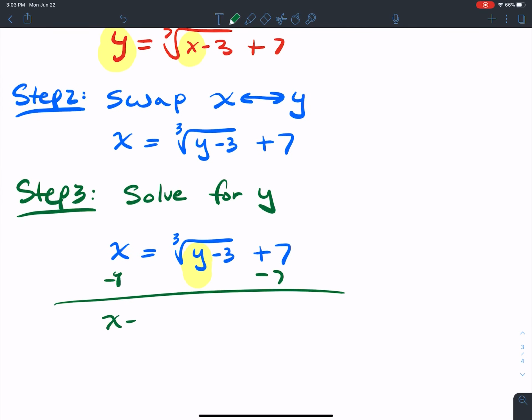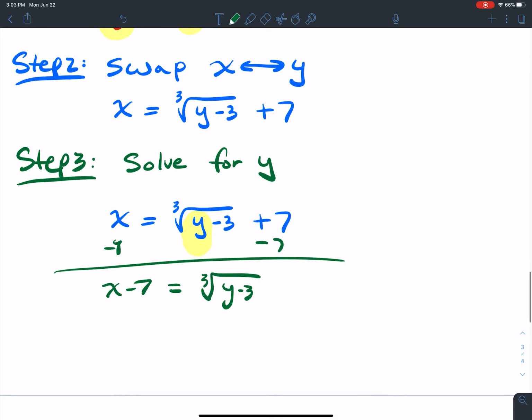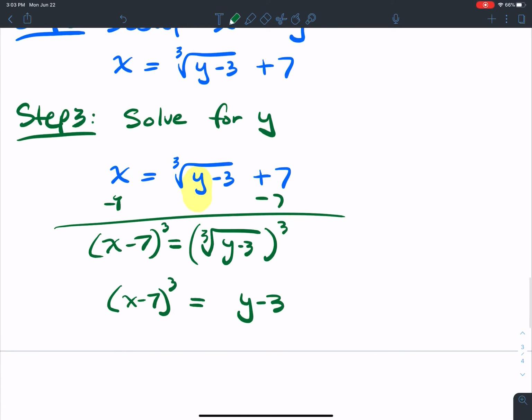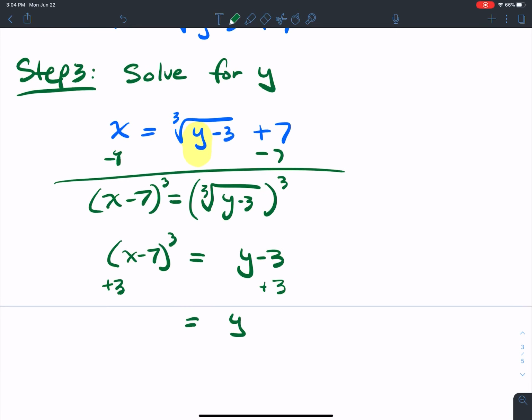So I get x minus 7 equals the cube root of y minus 3. Now to get rid of the cube root, I cube both sides. So I have (x minus 7) cubed equals y minus 3. And to get y by itself, I add 3 to both sides. So I have y equals (x minus 7) cubed plus 3.